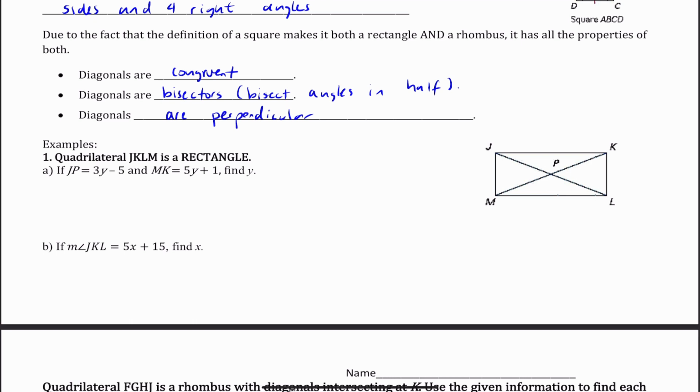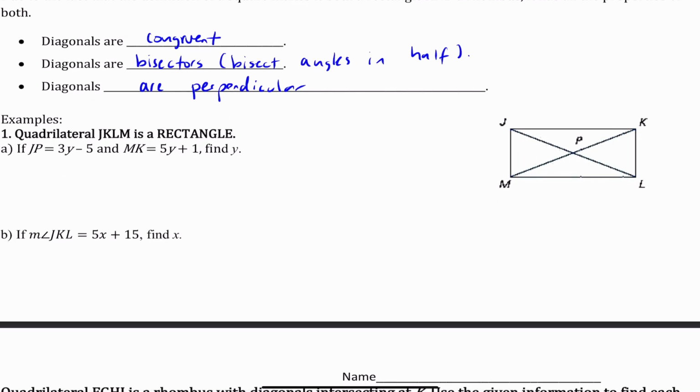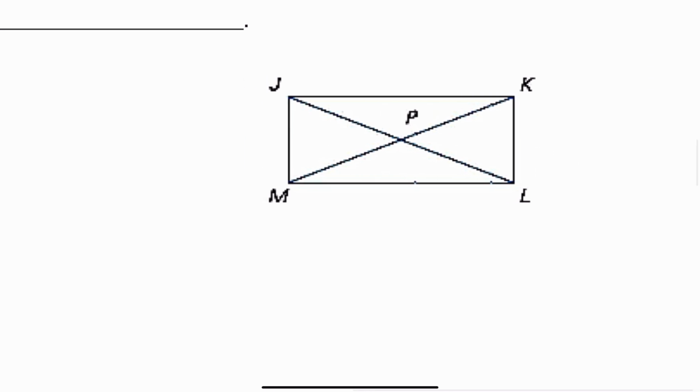So if I were to take a look at my rectangle, I know that, well, first of all, what I want to go ahead and do is I want to mark my picture. This is a rectangle. And with rectangles, diagonals are congruent, okay?